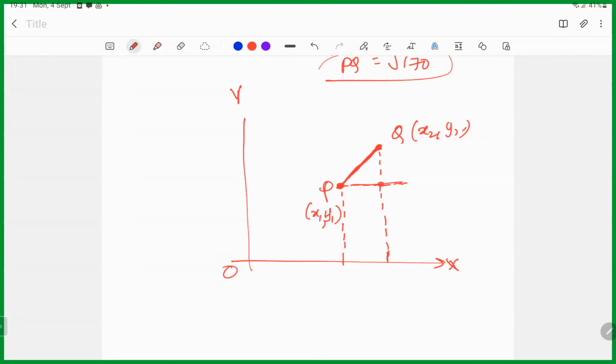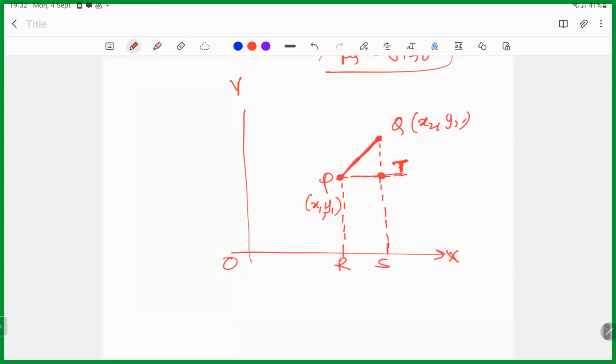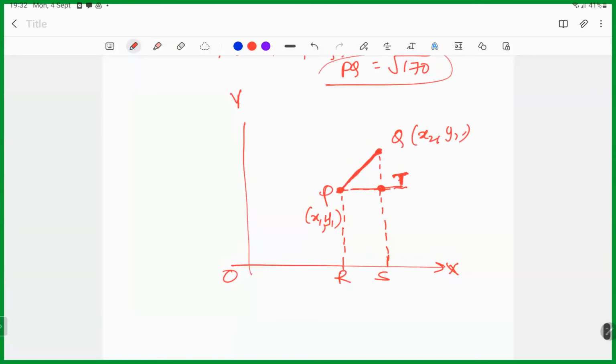This point is T. Let's take this point as R and this point as S. So we need to measure PT and QT. Once you know PT and QT, PQ square is nothing but PT square plus QT square.